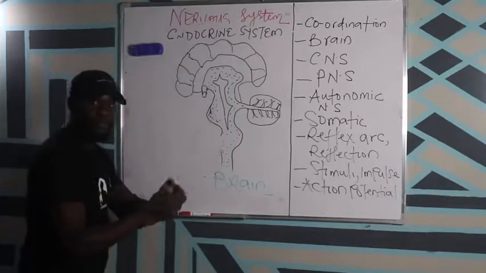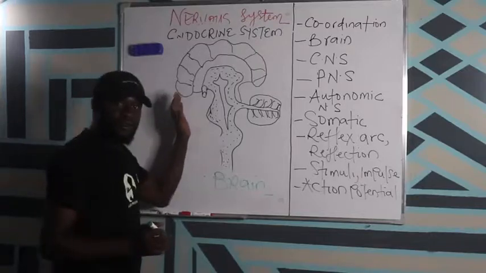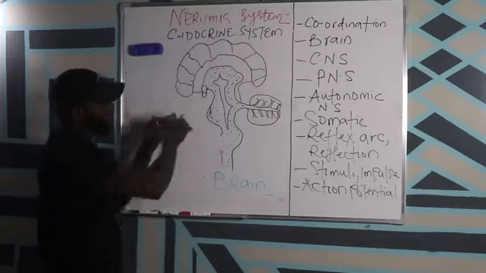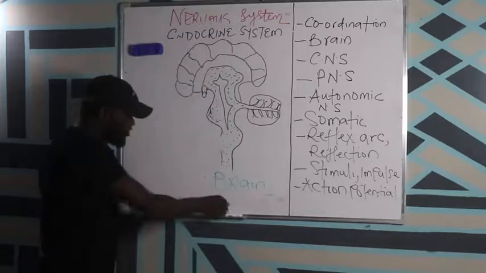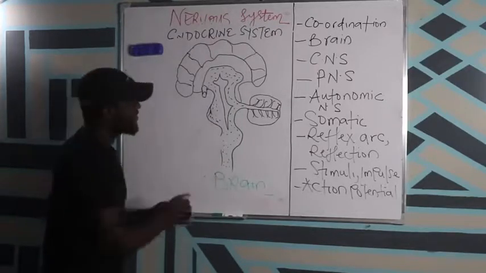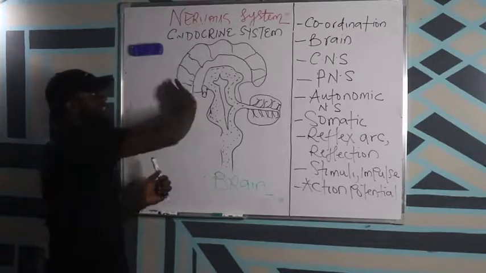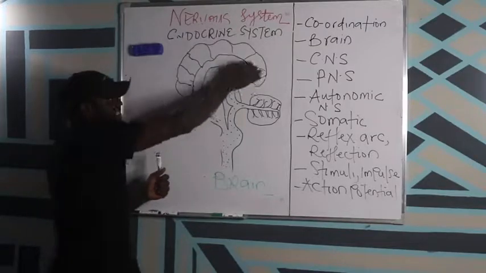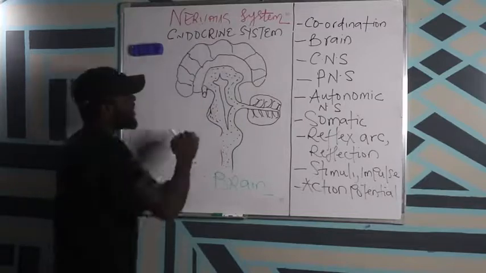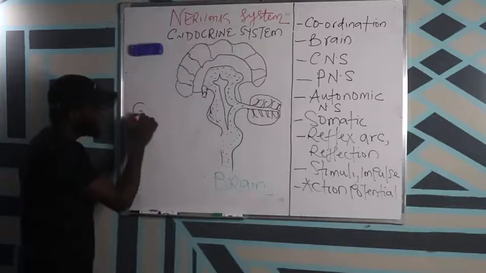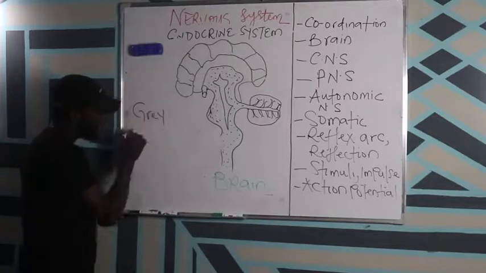Now, the brain, this is how the picture of the brain looks like. So inside the brain, this is the surface of the brain. This is inside the brain. On the surface of the brain, there is what we call the gray matter.